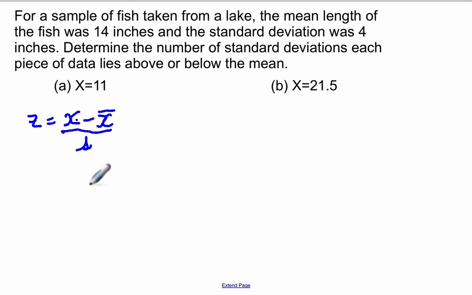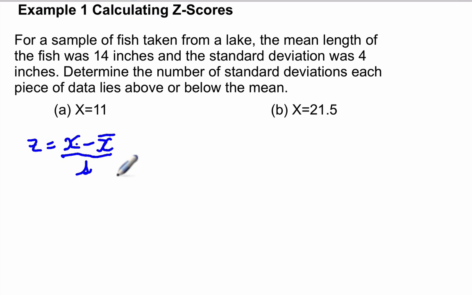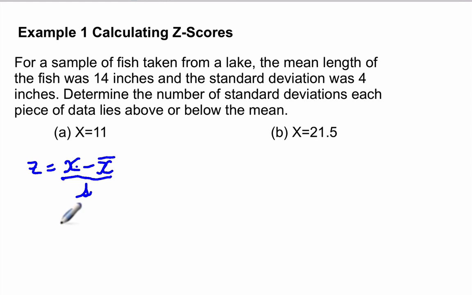The same calculation would hold if it was a population. So this is going to be 11 minus 14, all over 4. And so this is equal to negative 3 over 4, which is negative 0.75.